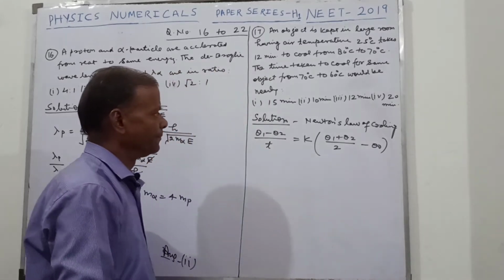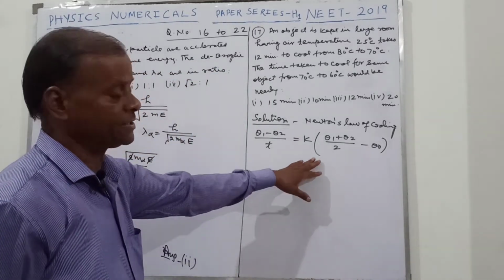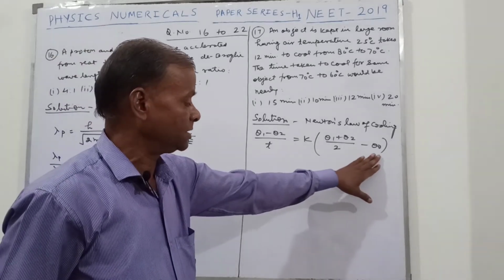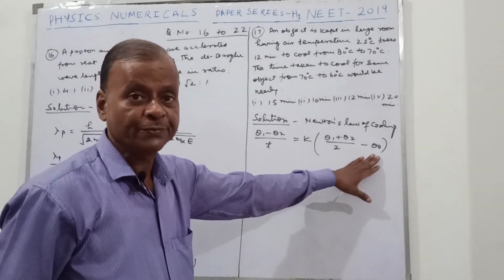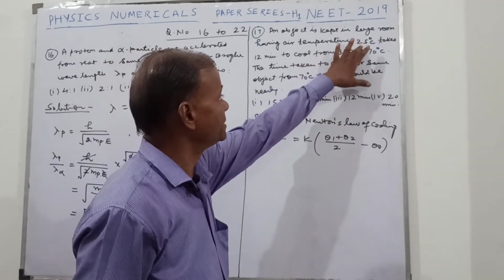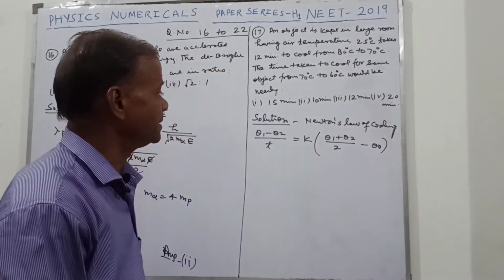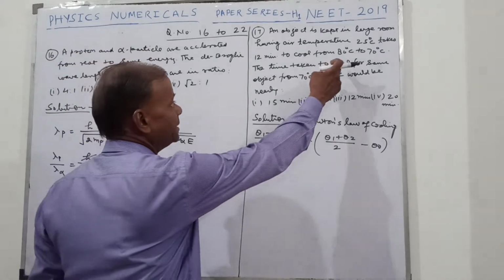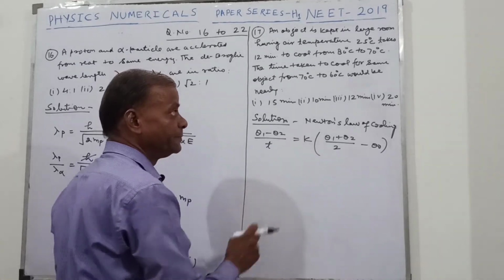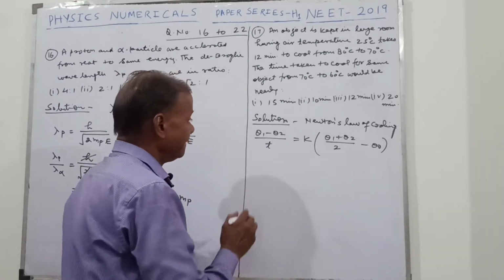This is the formula. Theta 1 and theta 2 are the temperatures between which the body cools. Theta naught is the temperature of the atmosphere or the environment. That is given here as 25 degrees Celsius. So first, given 80 to 70 degrees and this 25 degrees, you have to find the value of K with the help of this.